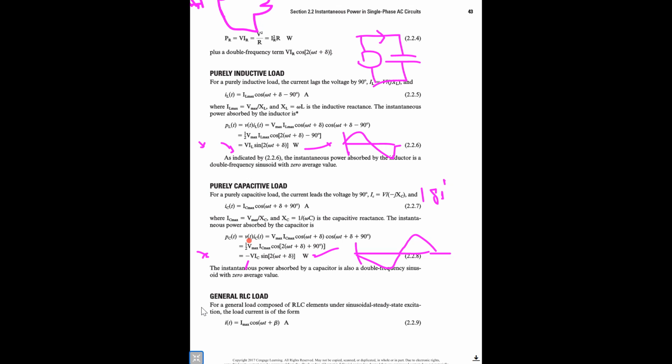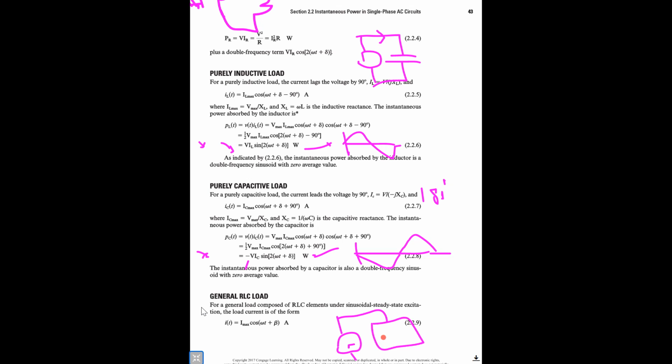Okay, I want to go to the general RLC load. It is concluded from 3 cases: resistive, capacitive, and inductive. And I want to connect the ideal voltage source to a general RLC.